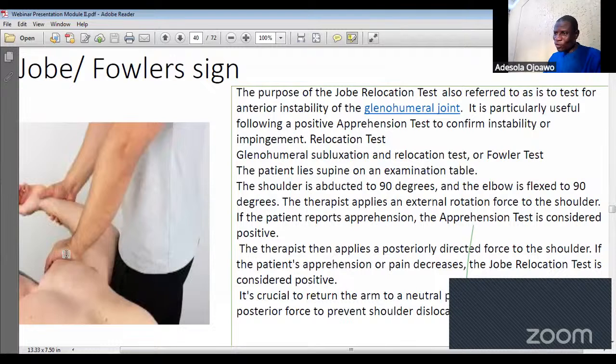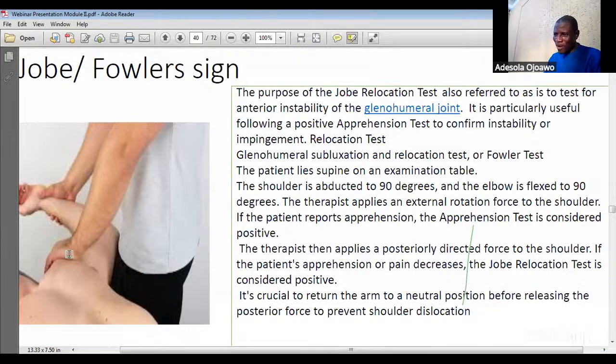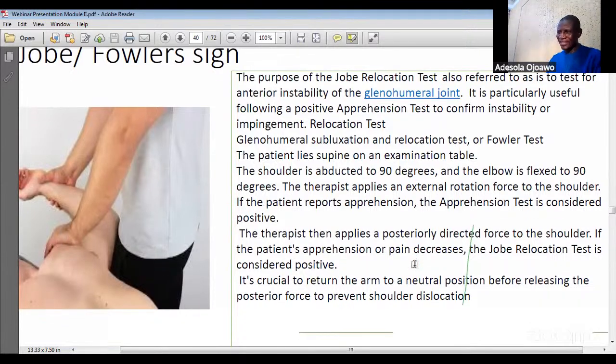It's as if you want to do posterior glide. Posterior glide means you hold the head of the humerus and you press it backward. Simple. You press it backward. So when you press it backward, it's expected that that head will relocate. That's why we call it relocation test.